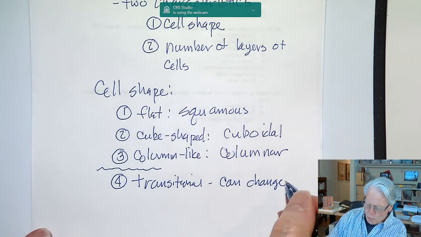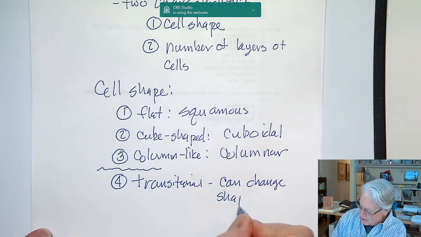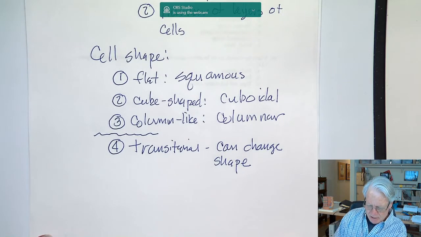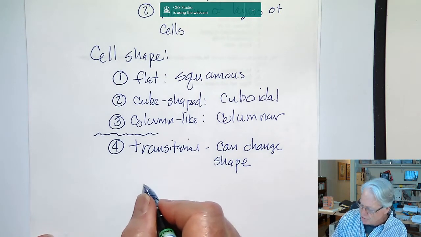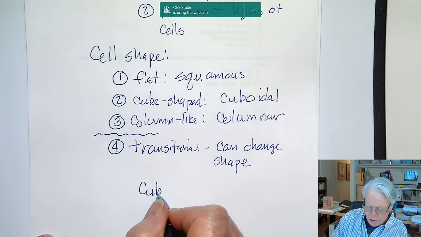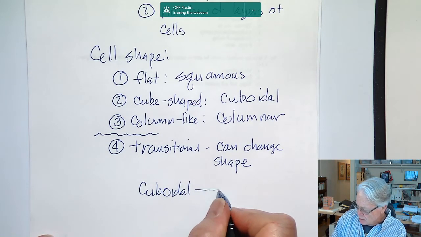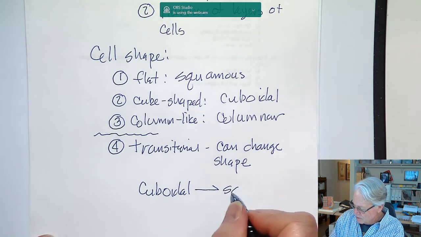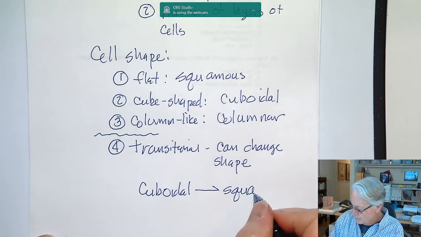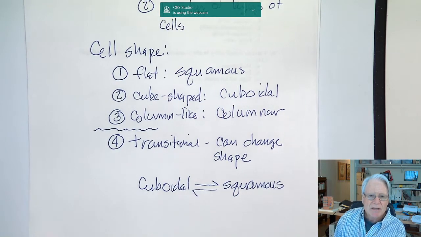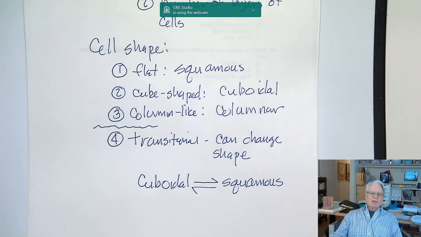So they don't assume one particular shape. They shape shift depending on the environment. And typically what you're going to see is a cell that can go from cuboidal shape to squamous and then back again. So these cells can transition between these two basic shapes.